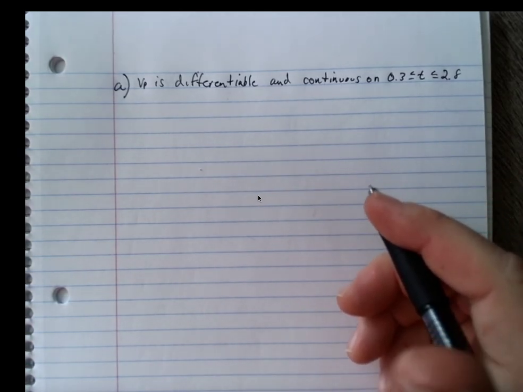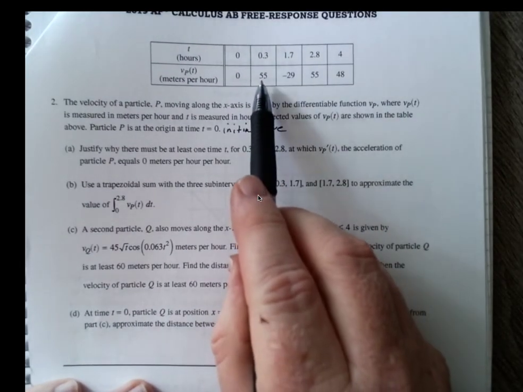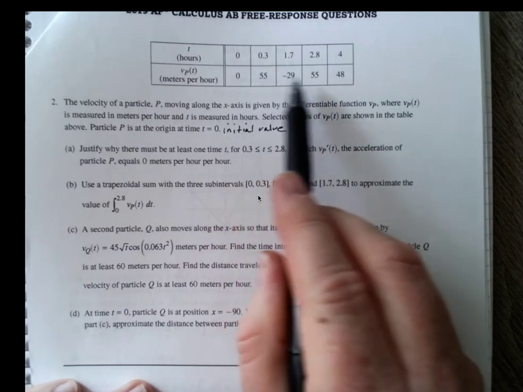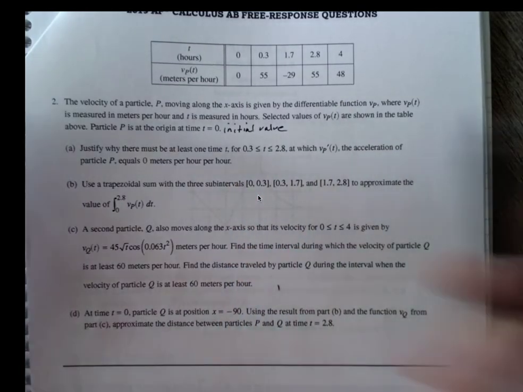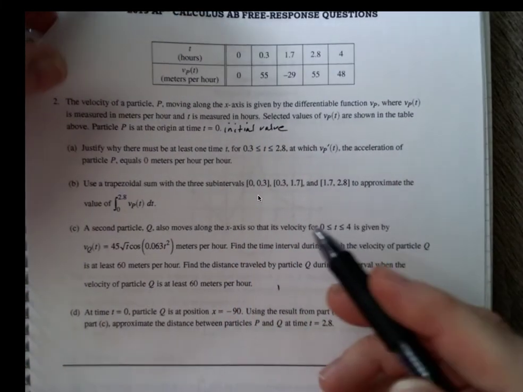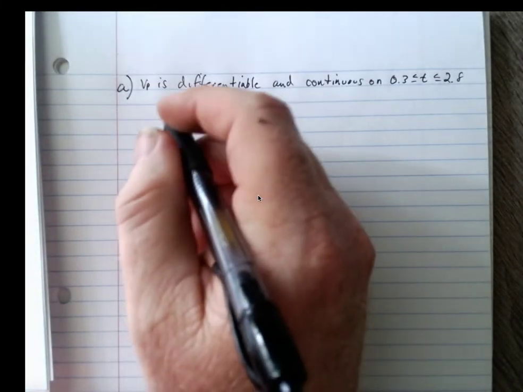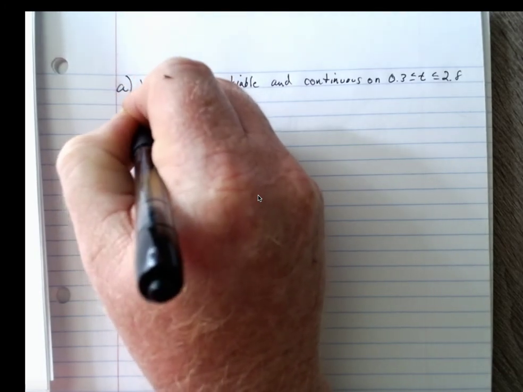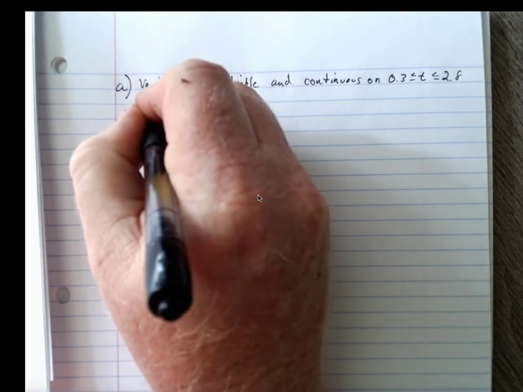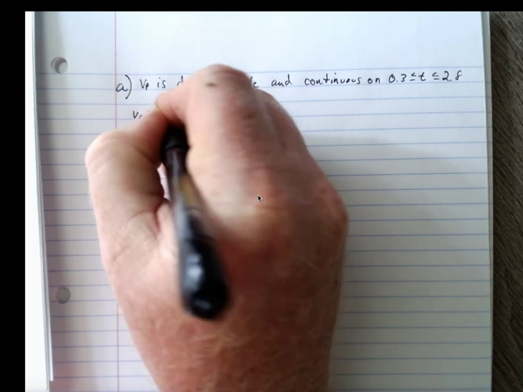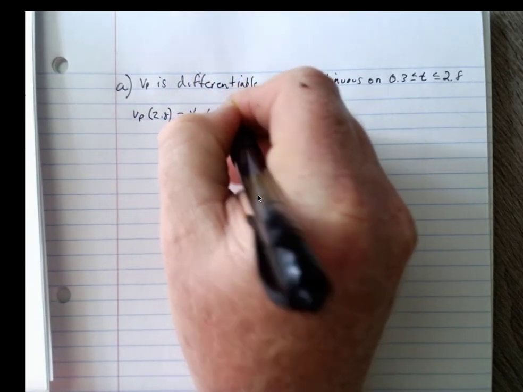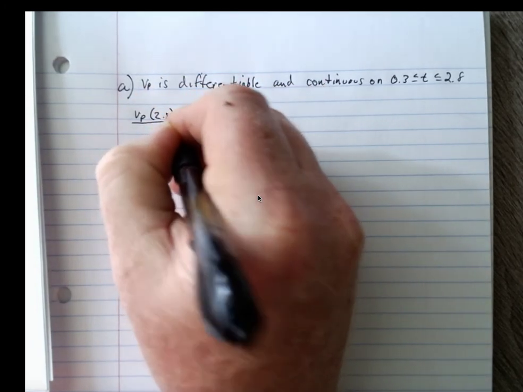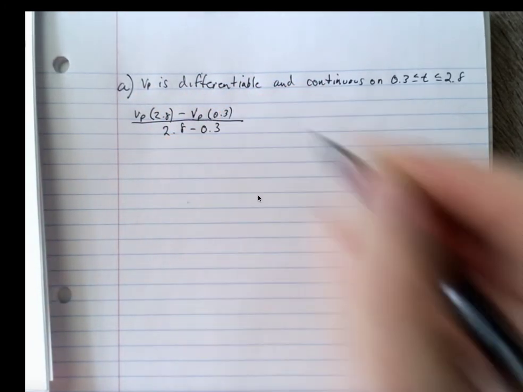All right, now what I'm going to notice in my table is, lo and behold, I got two y values that are the same. Okay, so I'm going to pick those two as my 2 points to show the slope of the line between here and here. Okay, so we're just going to go ahead and say this is f of b, so Vp of 2.8 minus Vp of 0.3 over 2.8 minus 0.3.